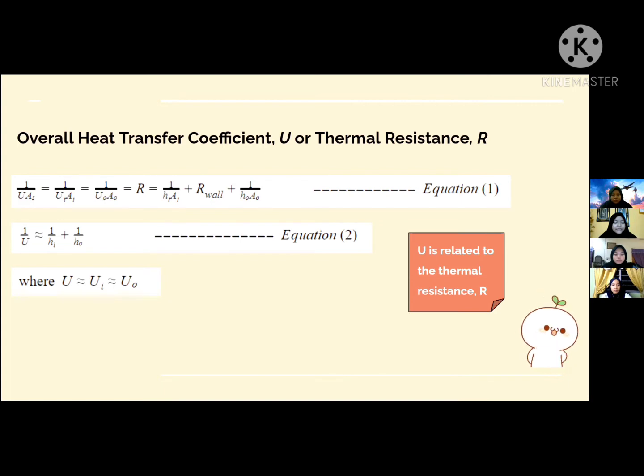So when the thickness of the wall of the tube used is small and the thermal conductivity of the material is high, equation 1 can be simplified into equation 2, which is 1 over U equals 1 over H inlet plus 1 over H outlet, where U equals U inlet equals U outlet.